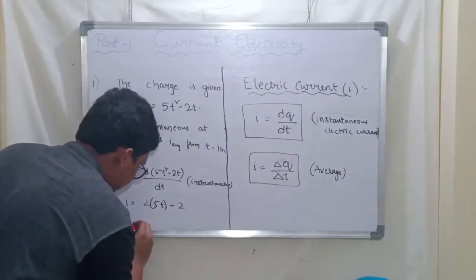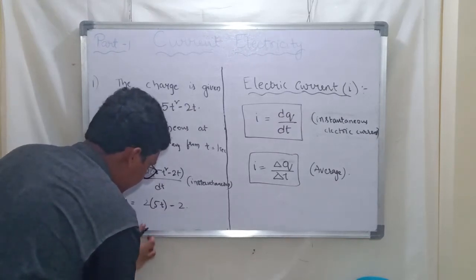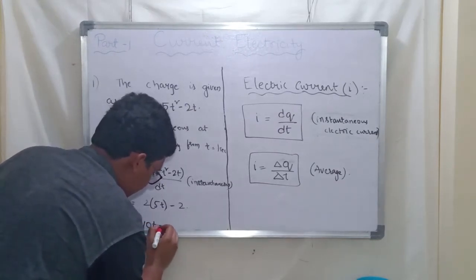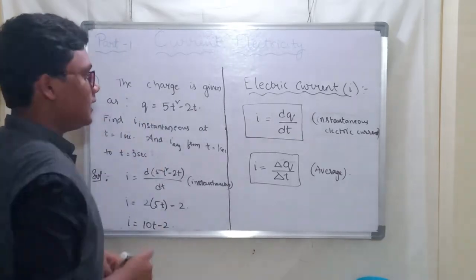So I is equal to 10t minus 2, the instantaneous current.